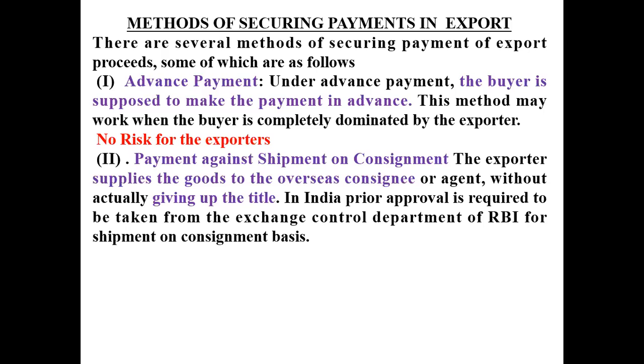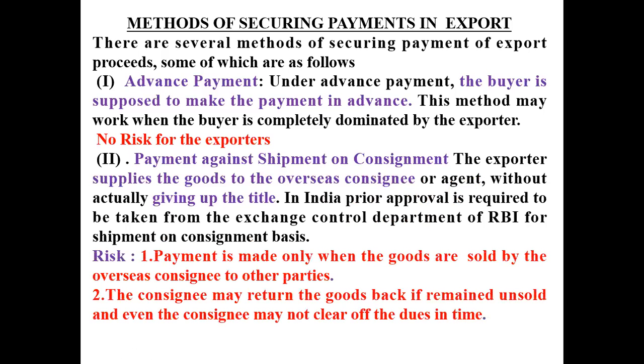Suppose out of 1 crore rupees, the agent could sell around 80 lakh rupees. So the agent will make a payment of 80 lakh rupees to the exporter, and the rest, 20 lakh worth of goods, should be returned to the exporter. Thereafter, the agent will take commission on the basis of the sale.